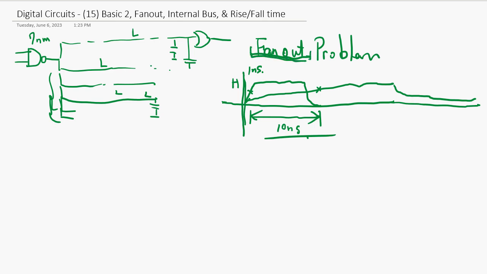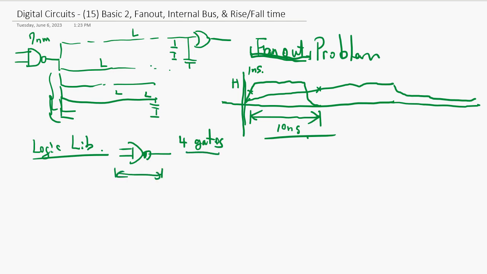When the fanout rule is exceeded: each logic element in the library has a standard fanout. For example, a NAND gate can drive up to 4 other gates, and the delay time is specified. But when those 4 other gates are far away, the wire capacitance comes in, and the gate delay time is not guaranteed anymore.